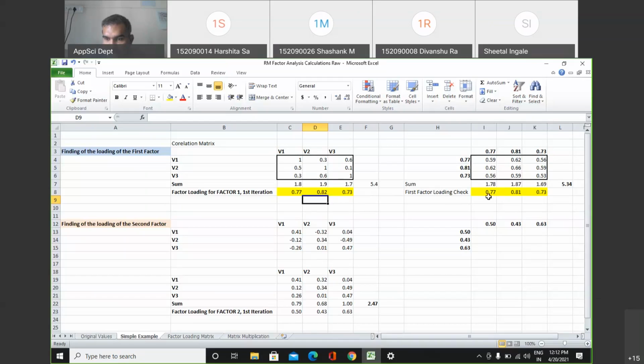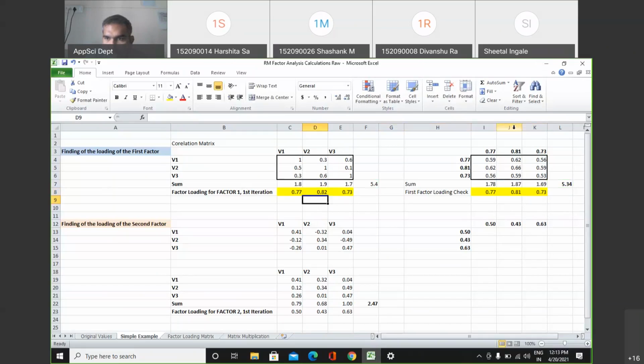Sir, how did we get the 0.81 in the second column? How did we divide 1.87 by the square root of 5.34? Second column, column J, in the above table, cell number J3.